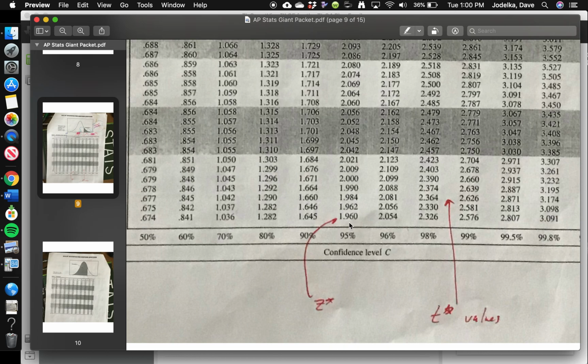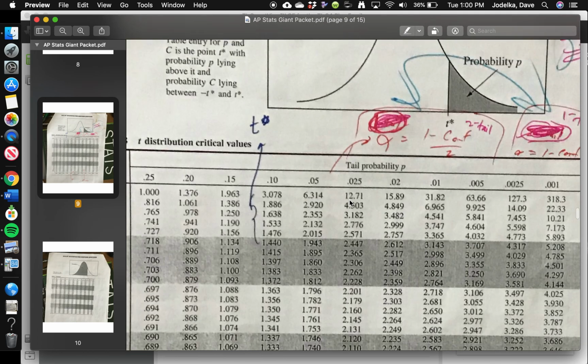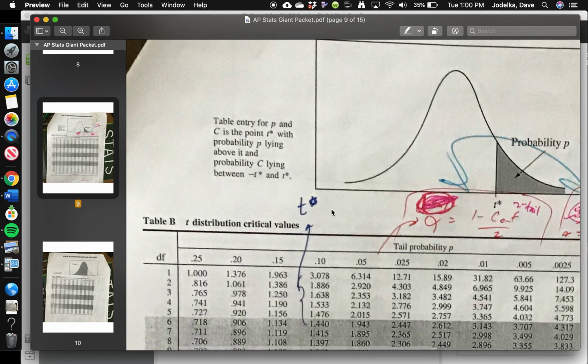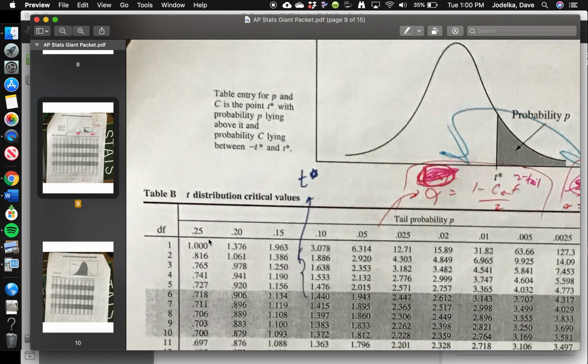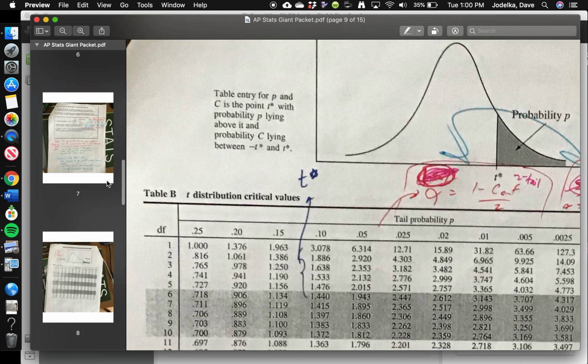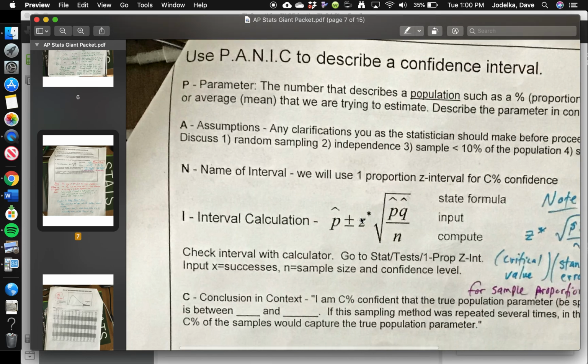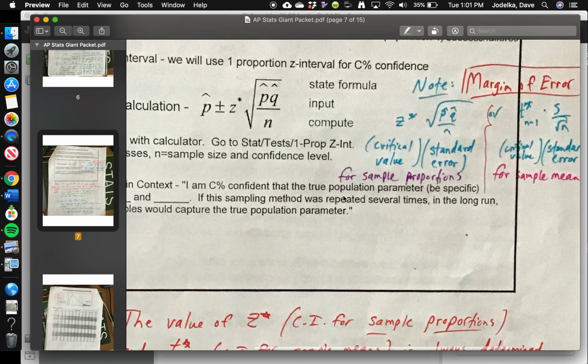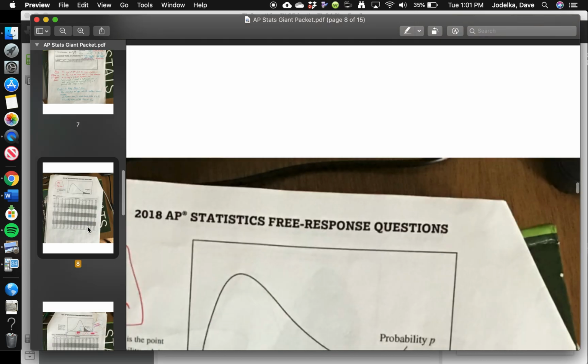And that's for proportions. Now, if you were doing a confidence interval for means, you would still do this step, but maybe you wouldn't have as big a sample. That's why it's not z star when you did those, it was t star with a little n minus 1, where n minus 1 is the number of degrees of freedom. So if you had a sample of 10 things and you were finding a confidence interval for the true mean, 10 would be n, so the number of degrees of freedom would be 9.